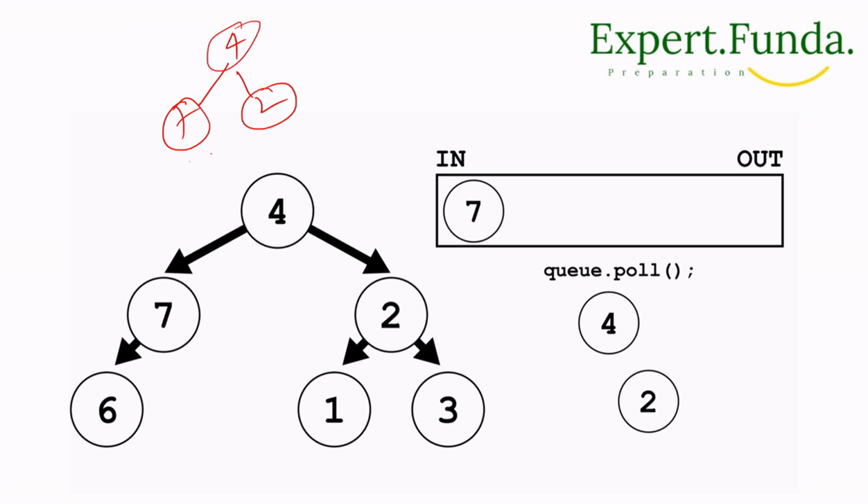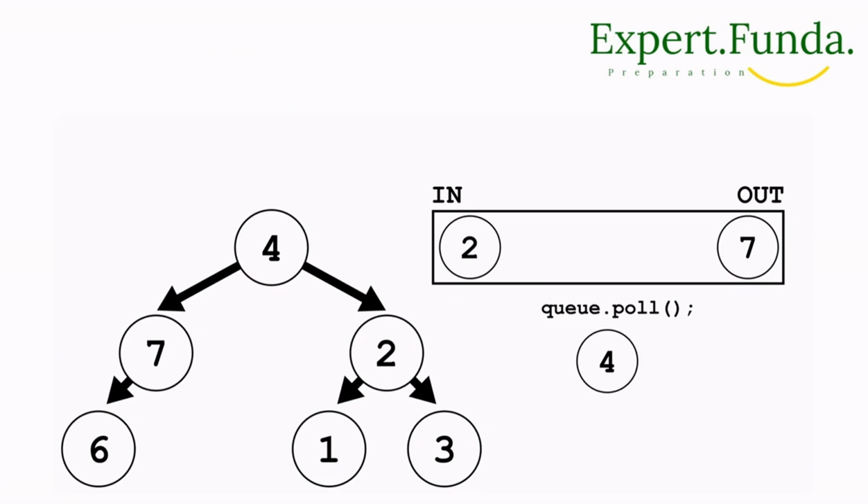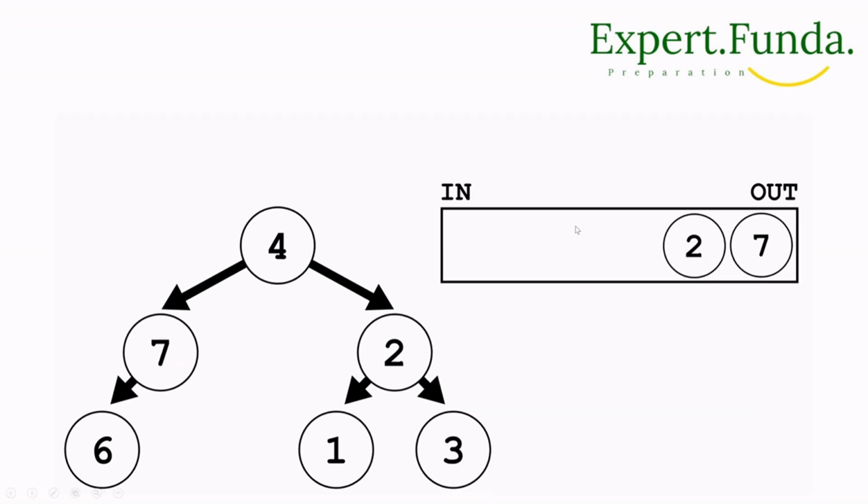Then we will add 7 into the queue. And like this you can see here, we are adding 7 on the queue. Now we will add the 2 also, right? So left and right children we have added here, right? So now we will do the poll, right?